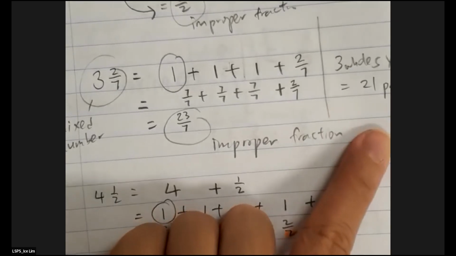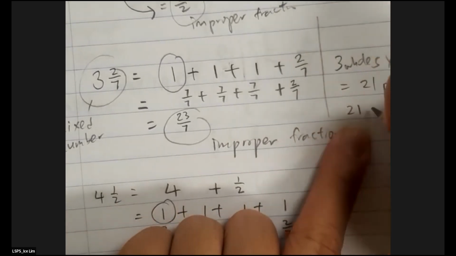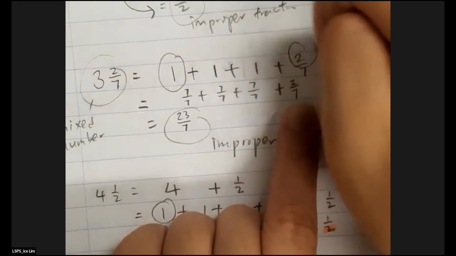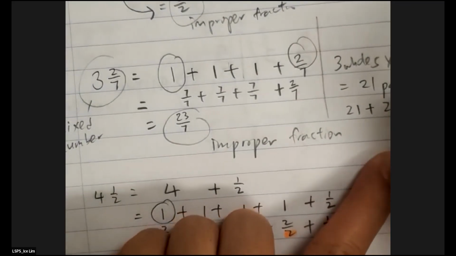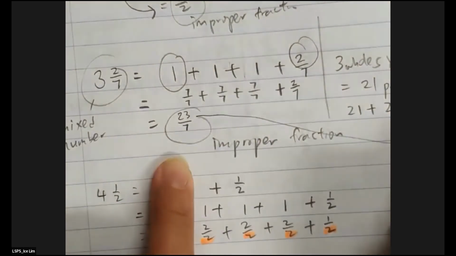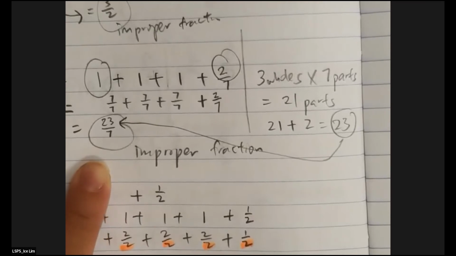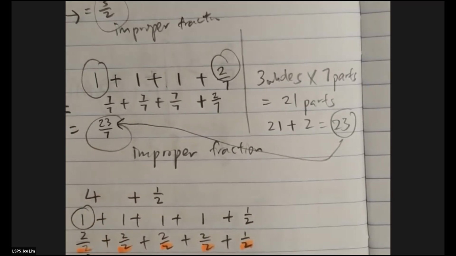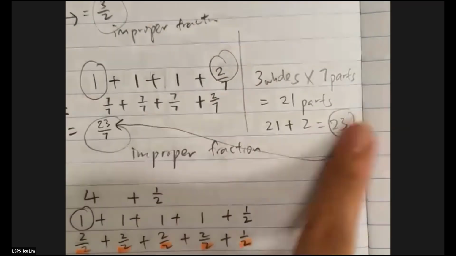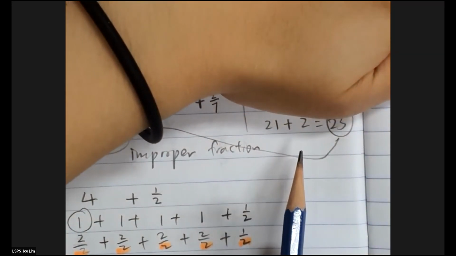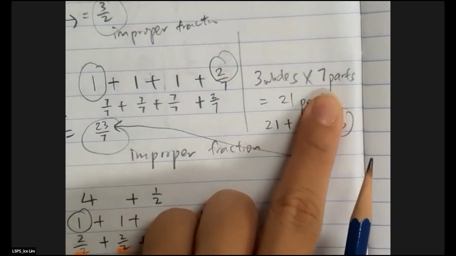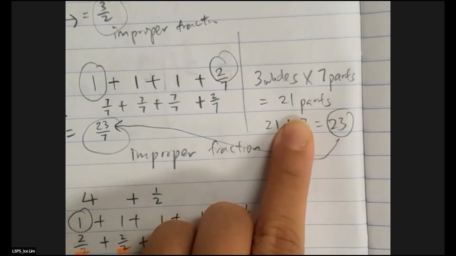And then plus the 2 extra will give me 23. And this will form the numerator. Can you see? Now these steps here, without the wholes and the parts being written down by name, don't make sense.